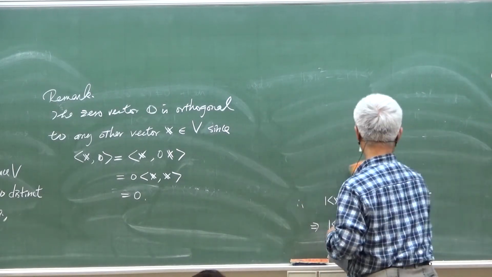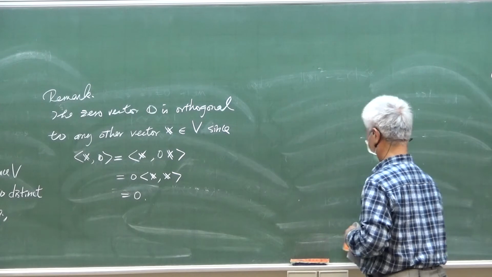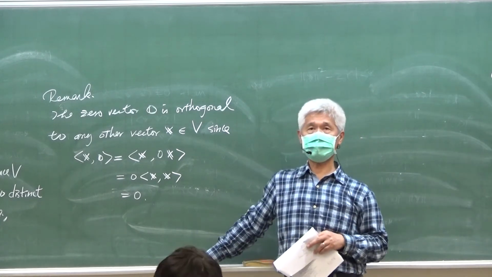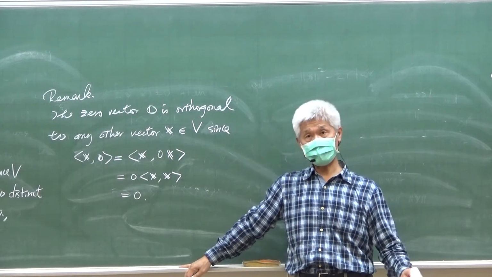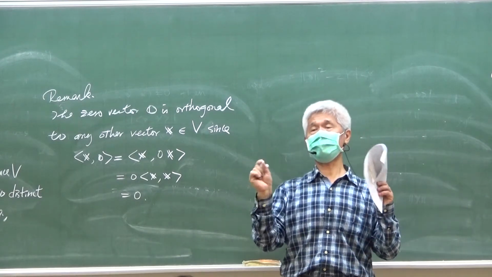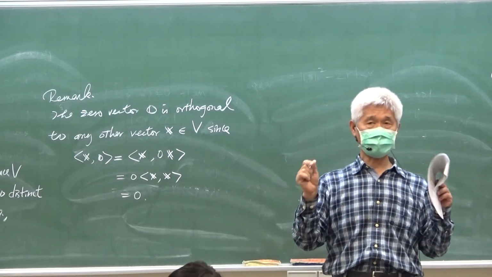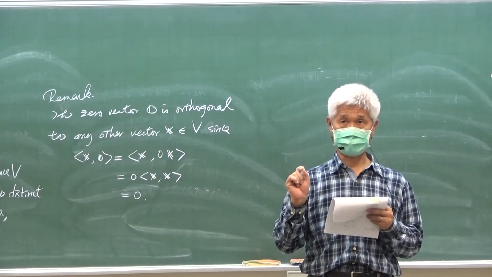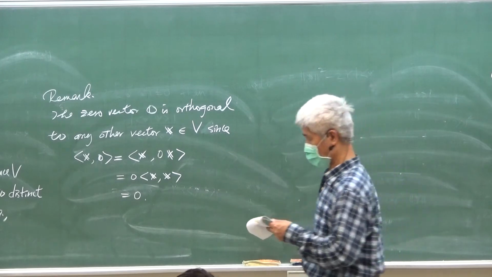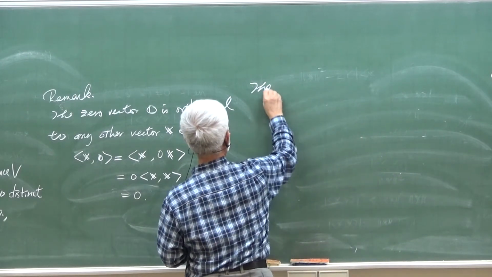So be careful. The zero vector is always orthogonal to any other vector by definition, because our definition is just that if two vectors have inner product equal to 0, then we say these two vectors are orthogonal to each other.